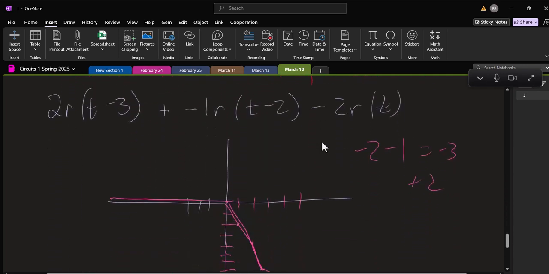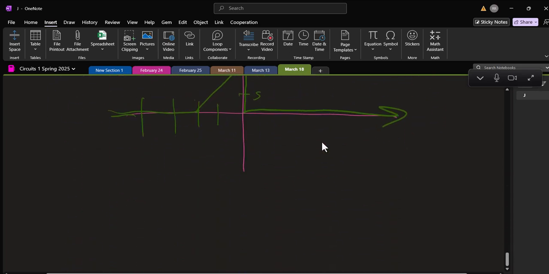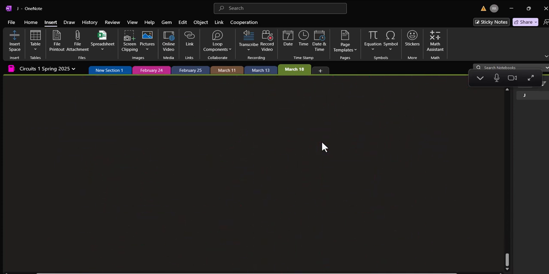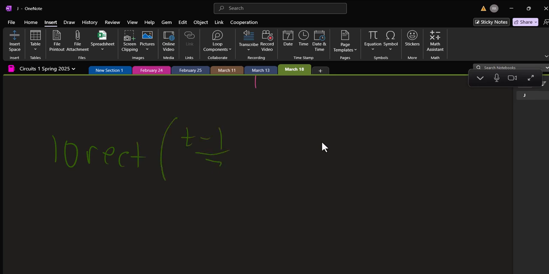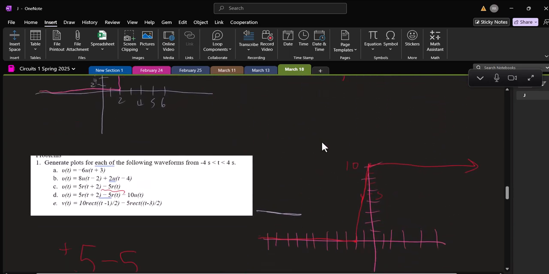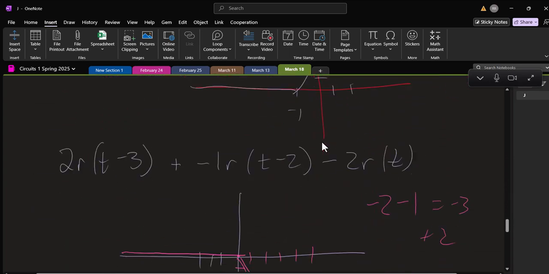Oh wait, never mind. That's not a slope. So 10 rect t minus 1 over 2 plus minus 5 rect t minus 3 over 2.